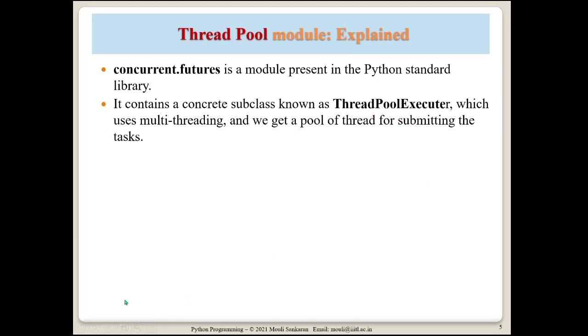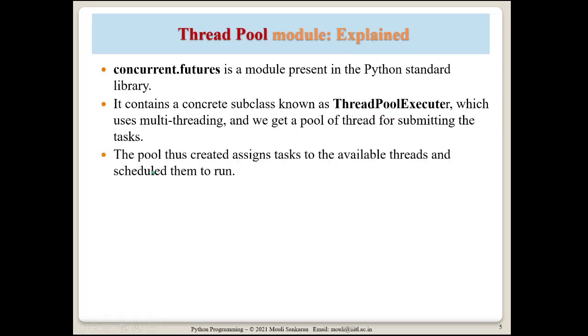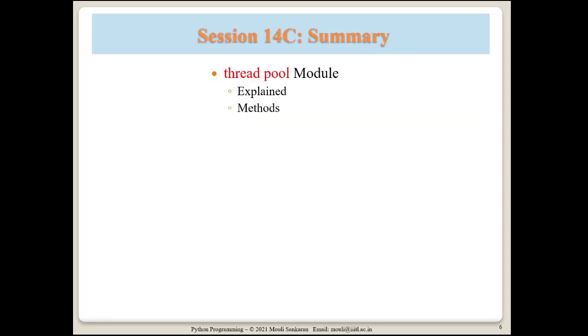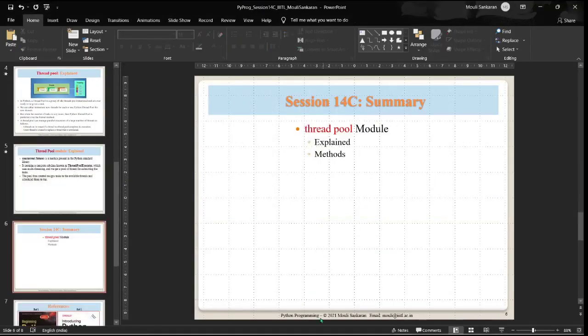I will explain it with the code, which is easier to understand. The pool thus created assigns tasks to the available threads and schedules them. So when you submit a job, the pool takes care of scheduling the thread and running it; all that is done in the background. You don't need to worry about calling start or run. That is the advantage of this thread pool.